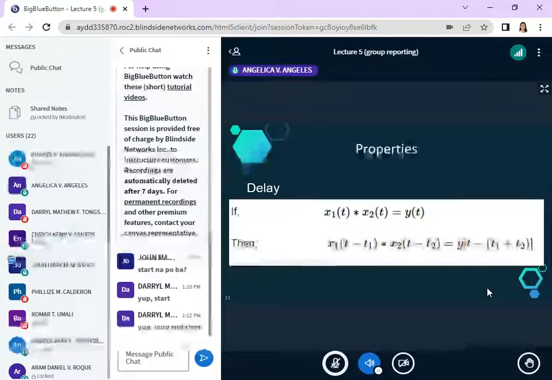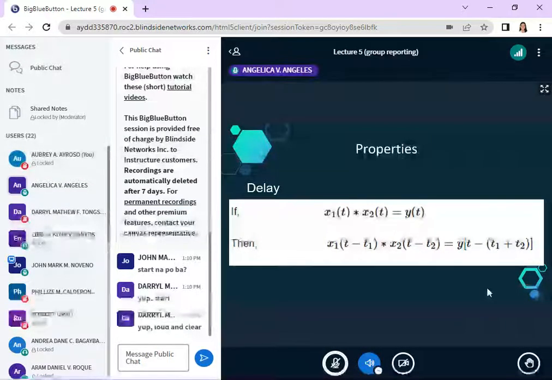And after nating mag-provide ng delays, we have the delayed signals x sub 1, t minus t1, and x sub 2, t minus t2. And after ma-convolute ng x sub 1, t minus t1, and x sub 2, t minus t2, we want to find what is the output. So, ang output, according to the time delay property, will be equal to y, t minus t1 plus t2.